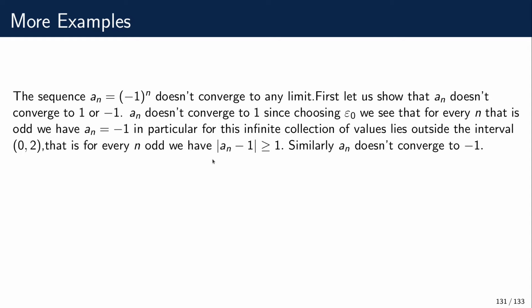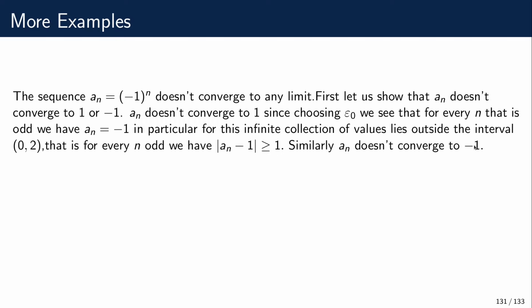And similarly, we can do the same for minus 1, right? So in the sense of the definition, for every number that you choose, as big as you please, you can always find an index that is bigger than this number, such that the element with this index has distance from 1 greater than, for example, this 1.